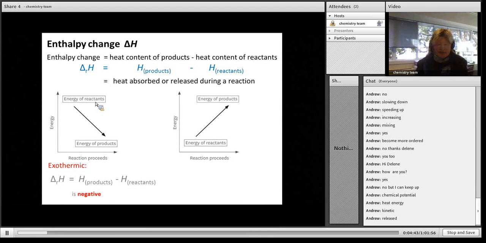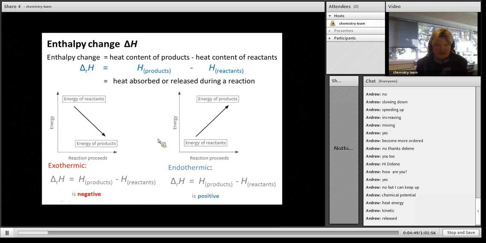So that's what I mean by that. So an exothermic reaction will always have a negative delta H, and obviously an endothermic will be the opposite. So that is going to have a positive delta H, because if this was, for instance, 8 up there, and I subtract the reactants of, say, 2, I'm going to get 8 subtract 2 is a positive 6. So that's something you do need to know.